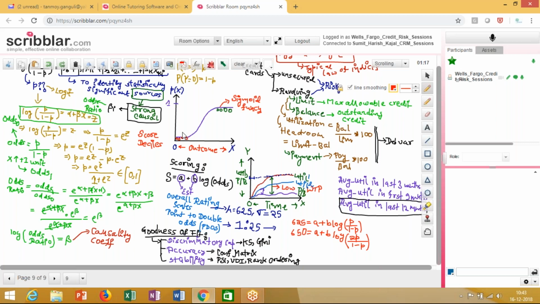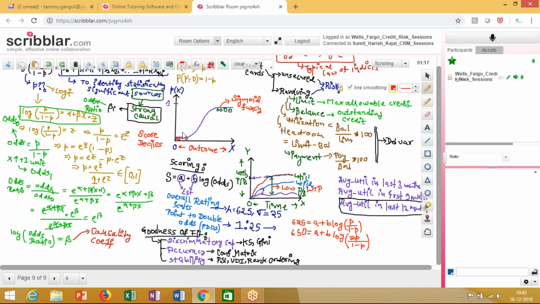So in deciles, what we do is we divide the data into 10 equal parts. And if I say that 375 is my third decile, it means that 30% of the data set has values which are less than 375.